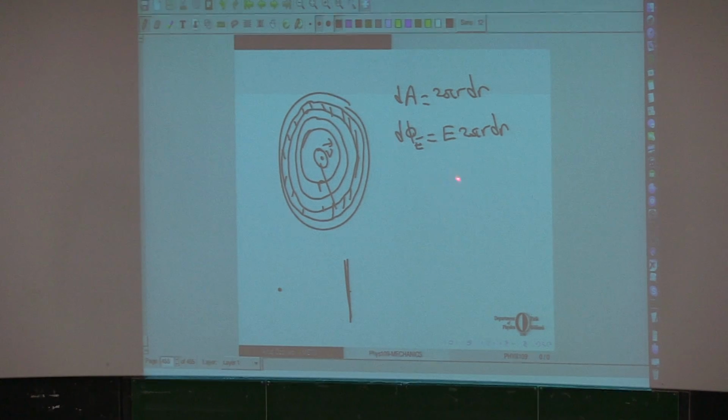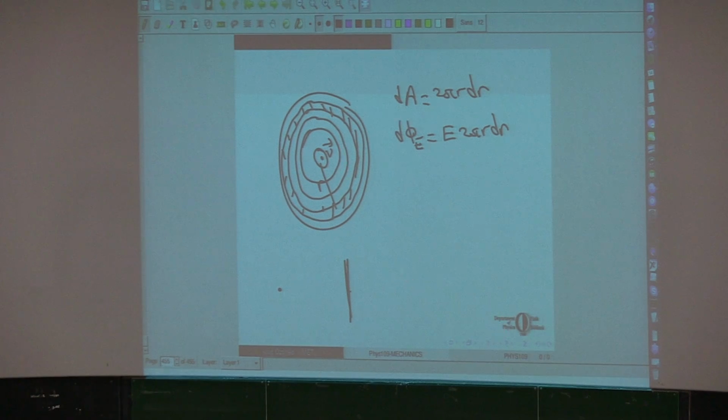Now, to calculate the total flux, first of all, I just decided to use this disk. I can choose any area that has this outer ring as its boundary. And I just decided to use this flat disk as my area.